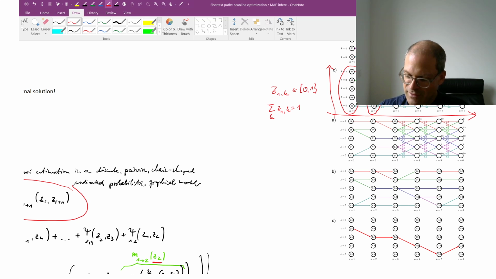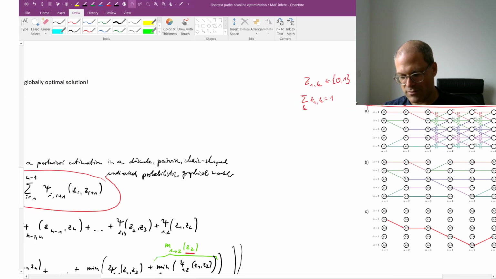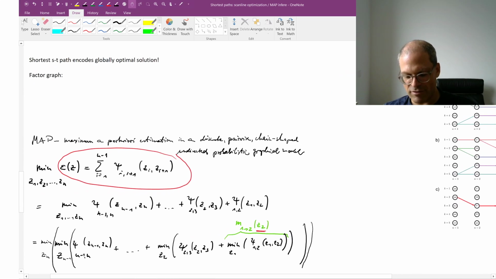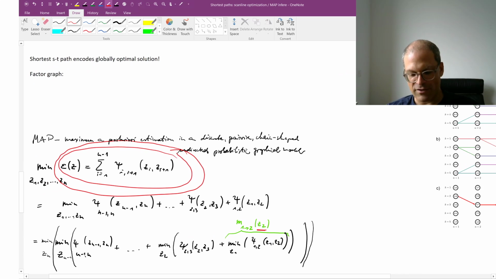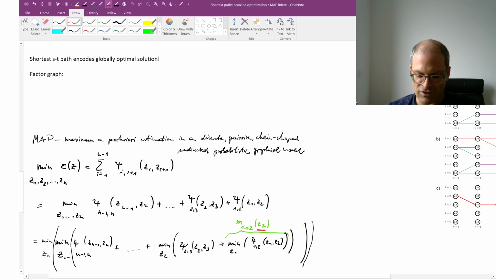Then we have these potentials that encode the cost for different combinations here. And so the kind of model, which you see on the right-hand side, if I write it as an equation, looks like this. I have an energy which depends on all of these indicator vectors, and it is just a sum of pairwise terms.